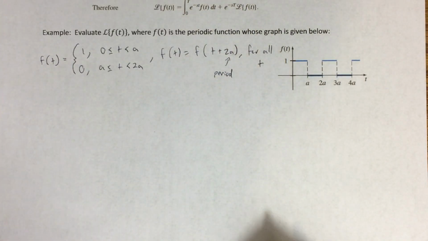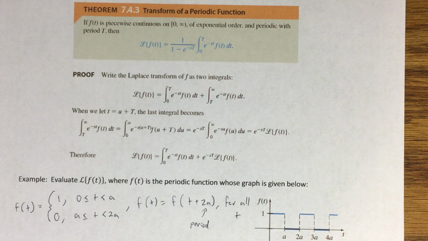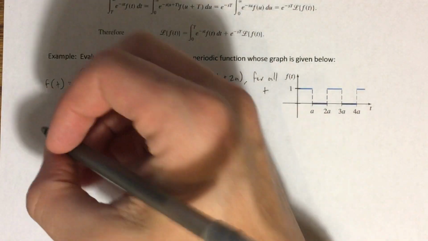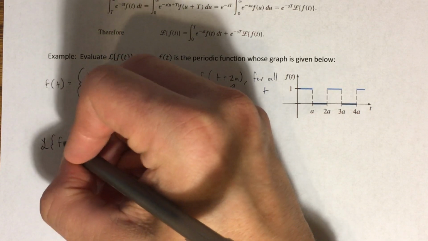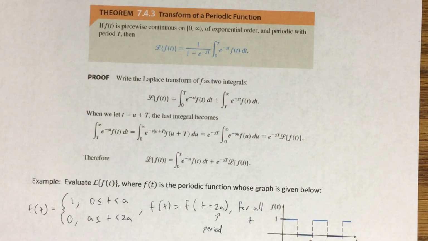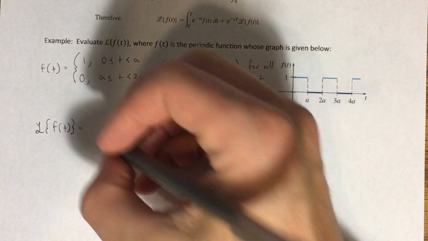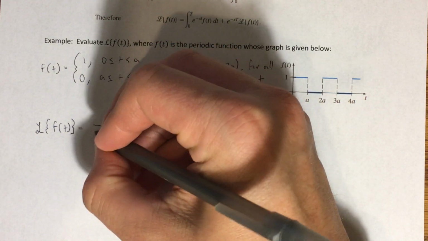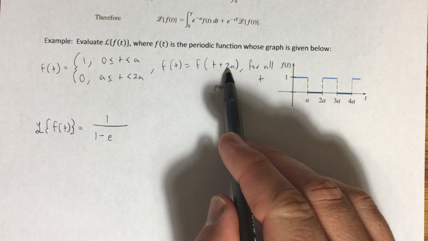So 2a is going to fill the role of the capital T in our theorem up here. Now I can use my theorem. The Laplace transform of f of t is equal to what? We're going to use this formula right here. It's equal to 1 over 1 minus e to the negative sT, where T is actually 2a.